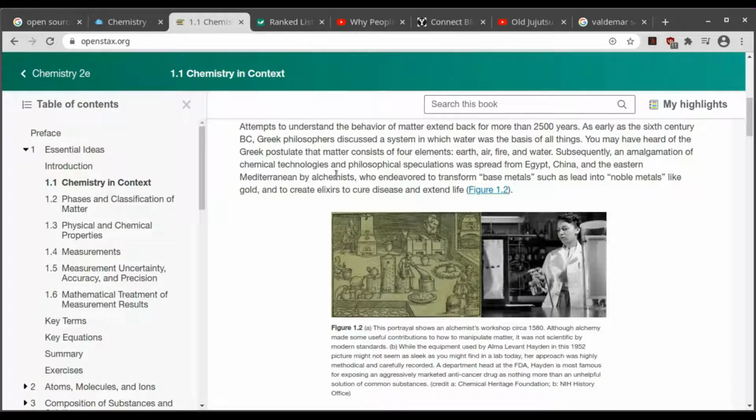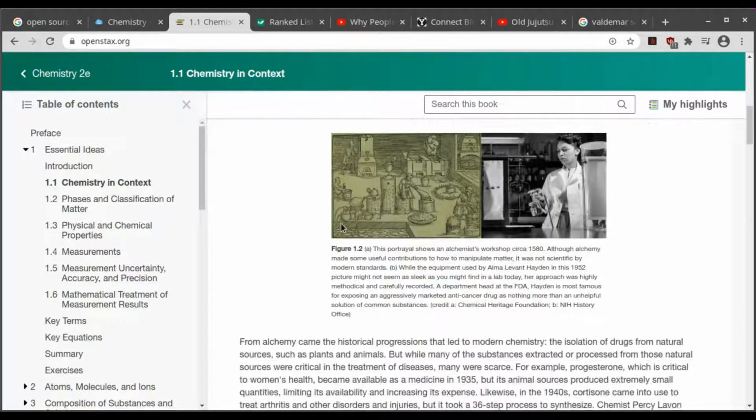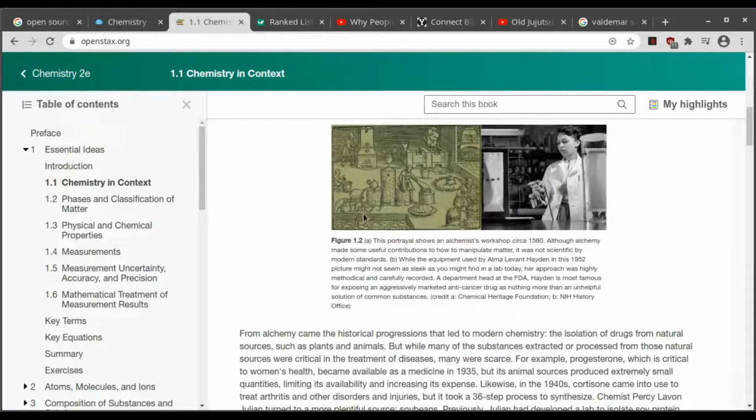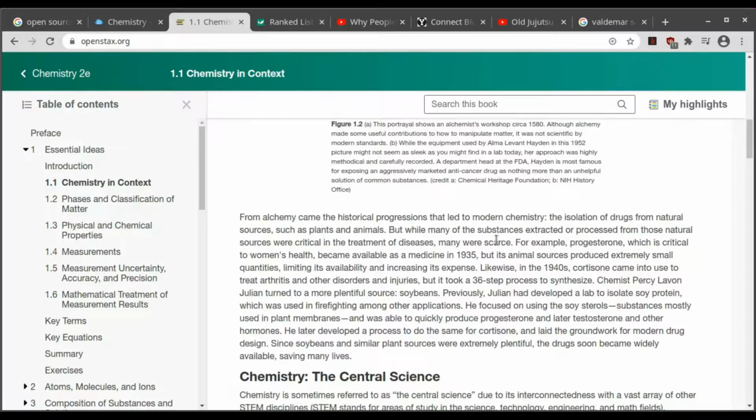But we know that that's not true. Now we still use the term element, but it means something different. Picture here of an alchemist's lab versus a more modern chemist lab, and so forth. So all of this is interesting.